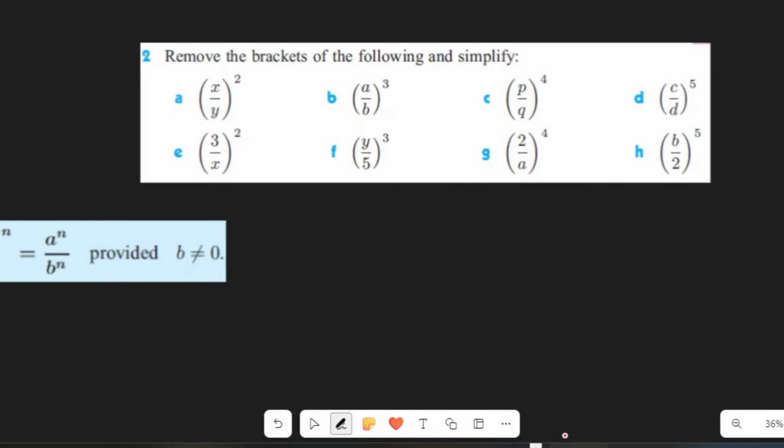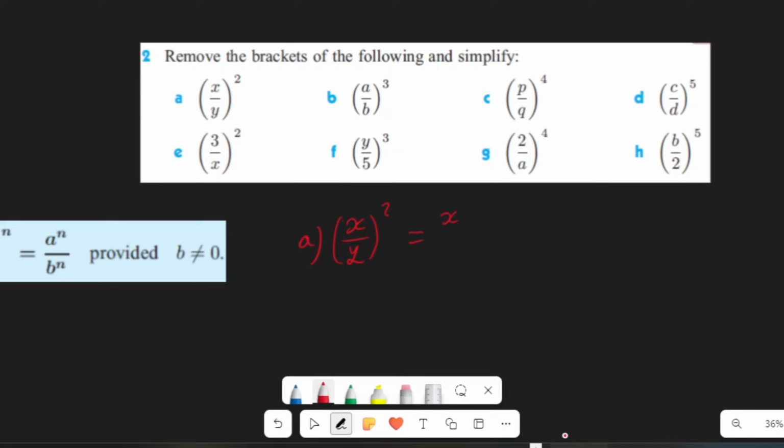Let's start off with A, where we have x over y all squared. That's the same as x squared over y squared.